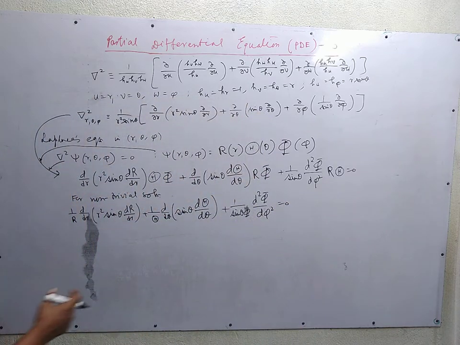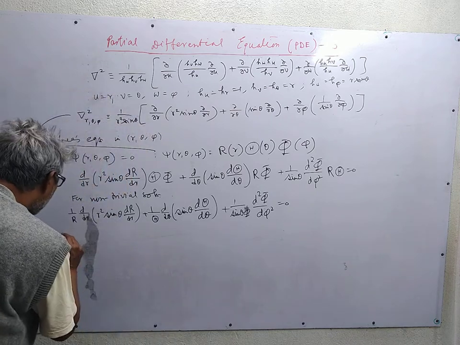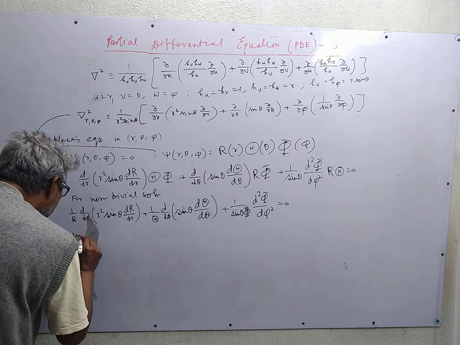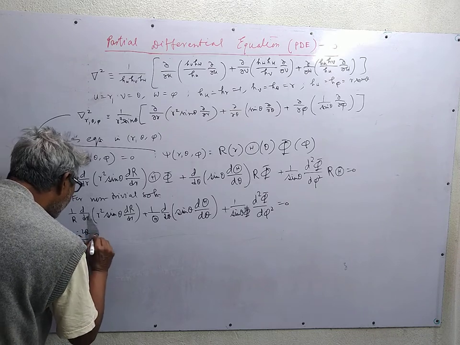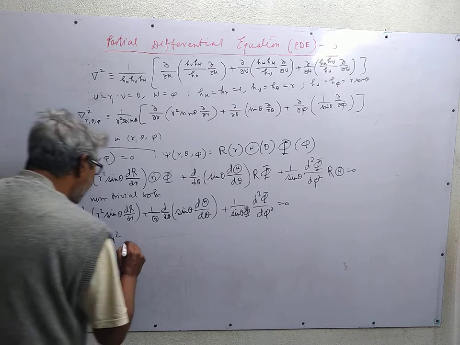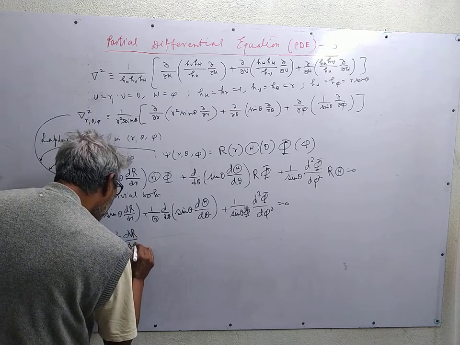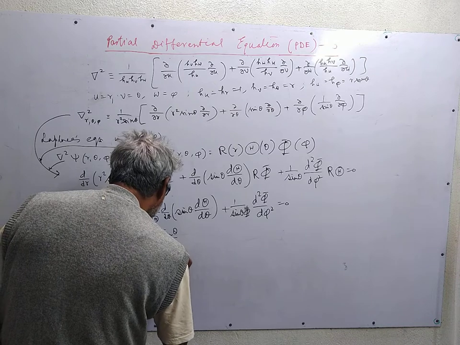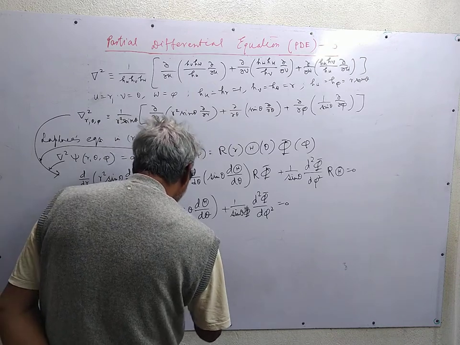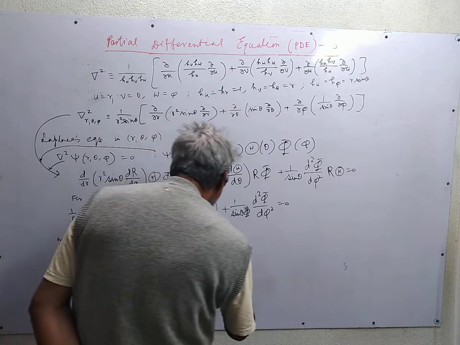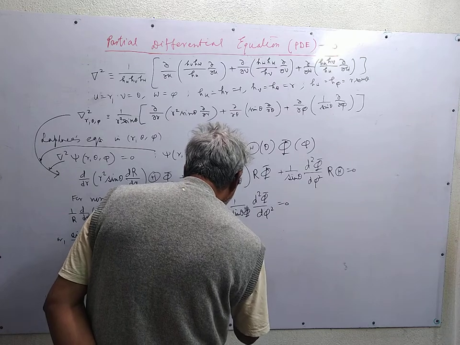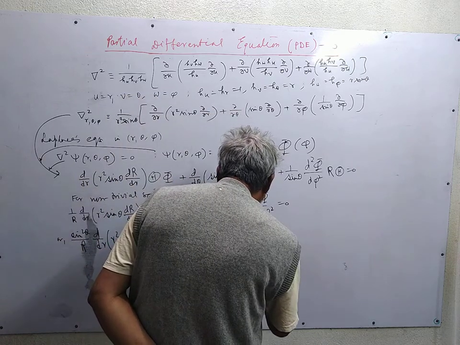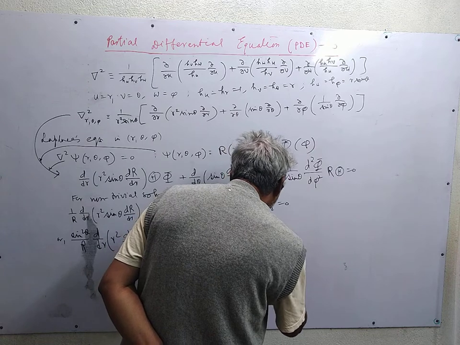We multiply all the sides by sin theta, so that there will be a sin theta term, and so this is sin square theta by R, d by dr of r square dR by dr, plus sin theta by big Theta, d by d theta of sin theta d Theta by d theta, and this term, 1 by Phi d2 Phi by d phi 2, which we take on the other side, minus 1 by Phi d2 Phi by d phi 2.